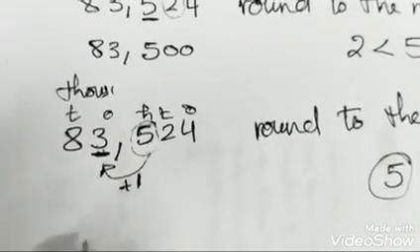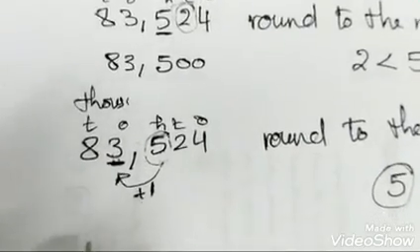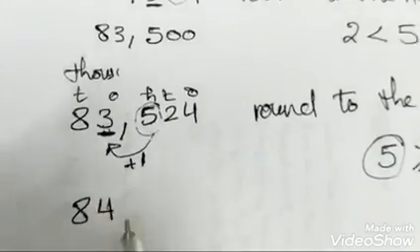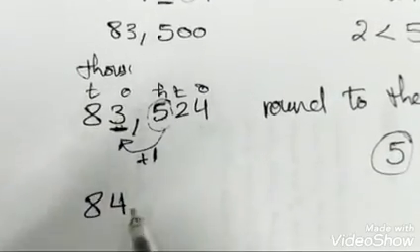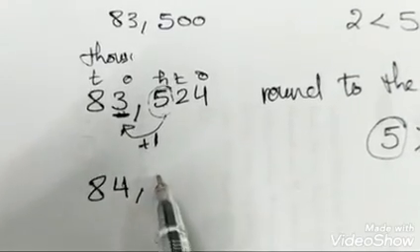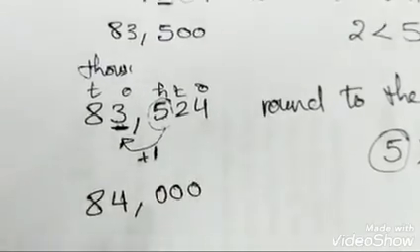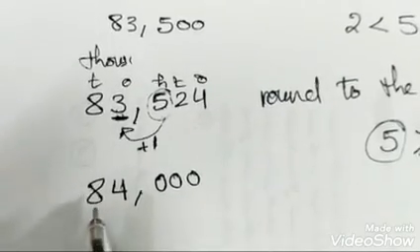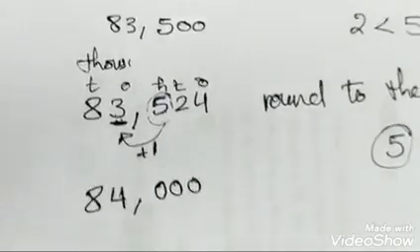So this rounds to 8, 4, because we increased the number by 1, and all the numbers to the right side will be zeros. So the number will be rounded to 84 thousandths.